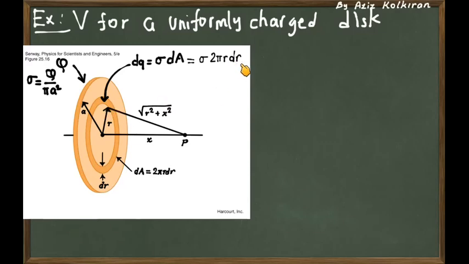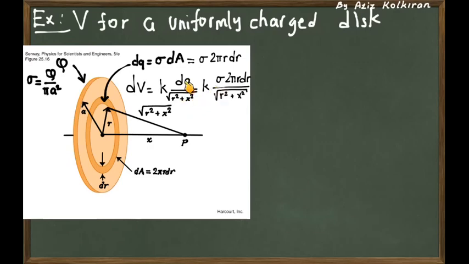So once we fix this expression for dq, now we are ready to write down the potential of each ring as dV. Let me show it as k times dq divided by the distance from every point of the ring to the point at which we have to calculate the potential. This is fixed. It is in terms of the radius of the ring, the square root of r squared plus x squared.